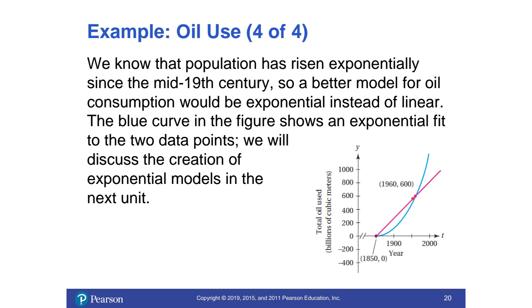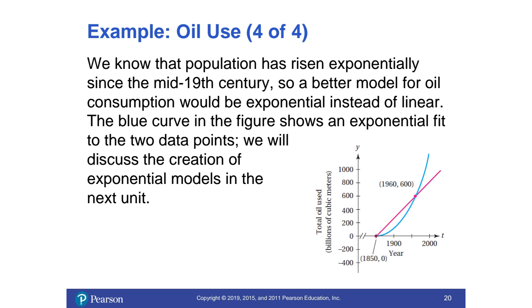So here, this red straight line is the graph of the line through those 2 points. But if you actually look at how much oil has been used year by year, it actually looks like this blue graph, which is an exponential model. So think about what we did in section 8A when we had Straight Town and Power Town, how exponentials increase much, much faster.